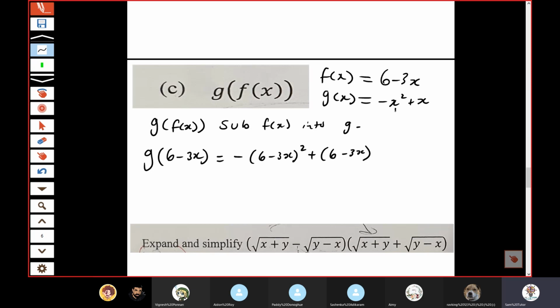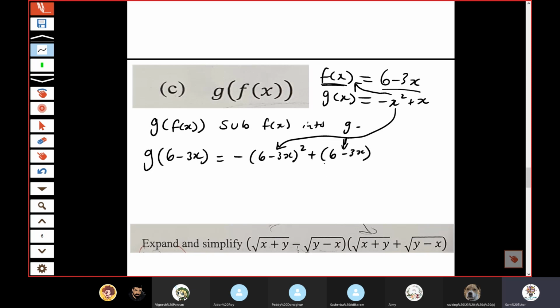Negative x, but instead of the x, it's 6 take away 3x. Why? Because x is now f of x. And then again, plus this 6 take away 3x, instead of the x. So wherever you see x, it gets replaced for f of x. But what does f of x equal to? 6 take away 3x.